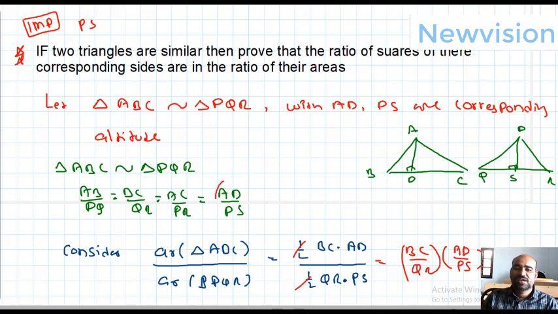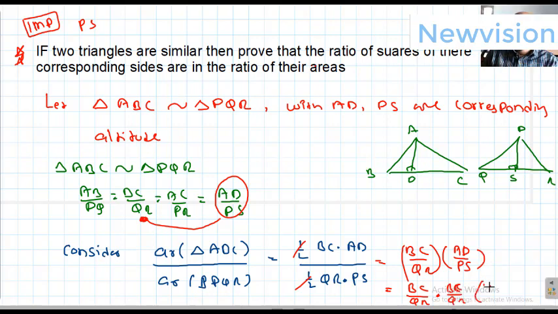Important: instead of AD by PS you can write any of these ratios; I want to write BC by QR. So BC by QR into BC by QR, since AD by PS equals BC by QR from 1.